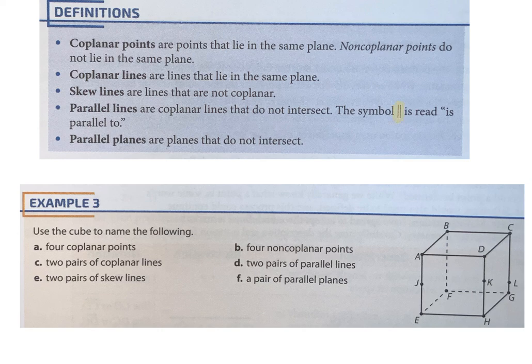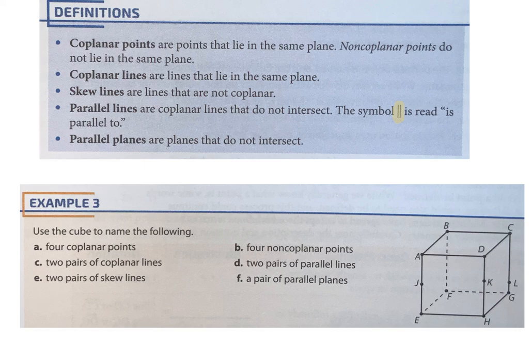It's just 2 parallel line segments up and down. And that just means is parallel to. All right, so if you were going to tell me one line is parallel to another, you would just put that symbol in between them. Parallel planes are planes that do not intersect. An example would be like the ceiling and the floor. Those are planes and they're parallel.